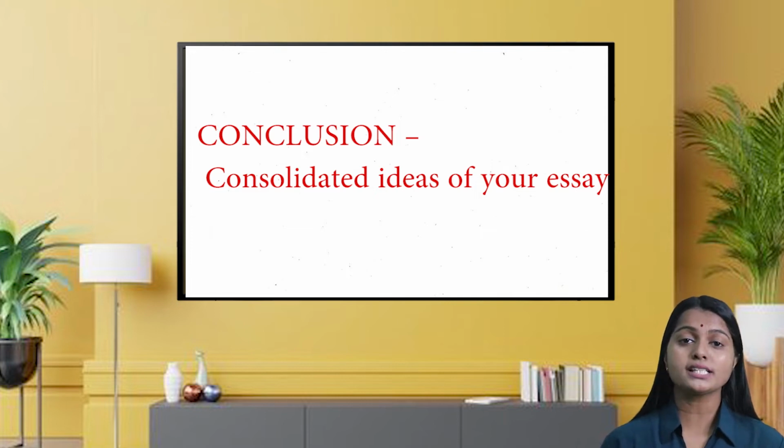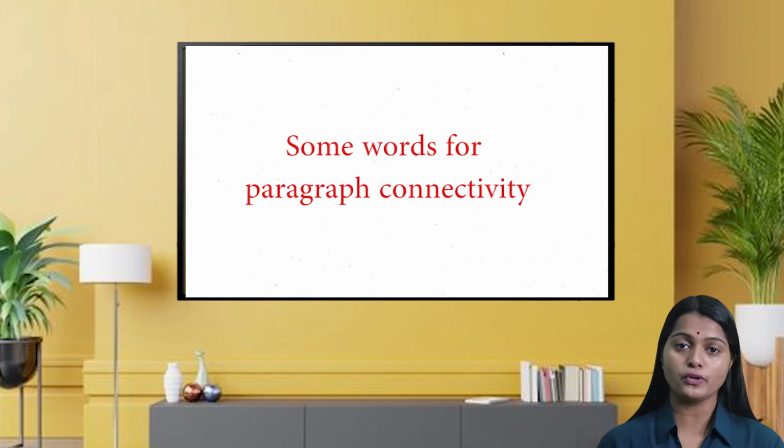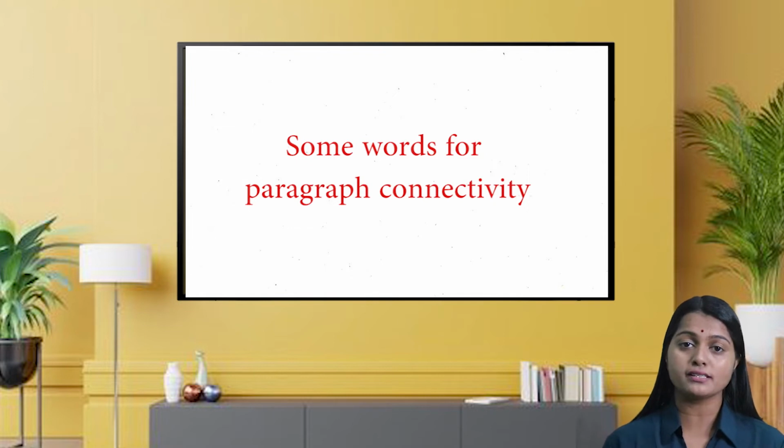Then let's see what kind of words are required for each and every sentence and paragraph connectivity. There are so many phrases and words we are using. Instead of all those usual words, there is a list of words which you can include in your writing. Those lists are discussed further.